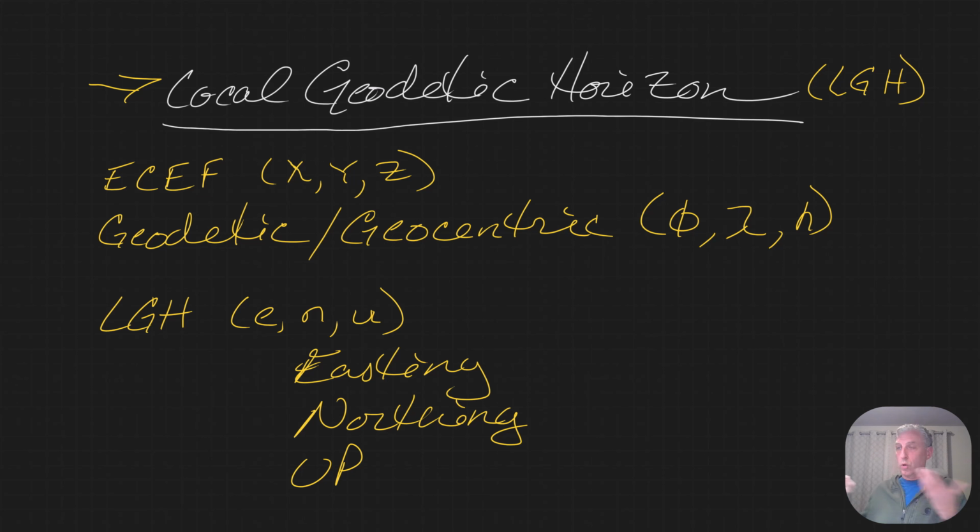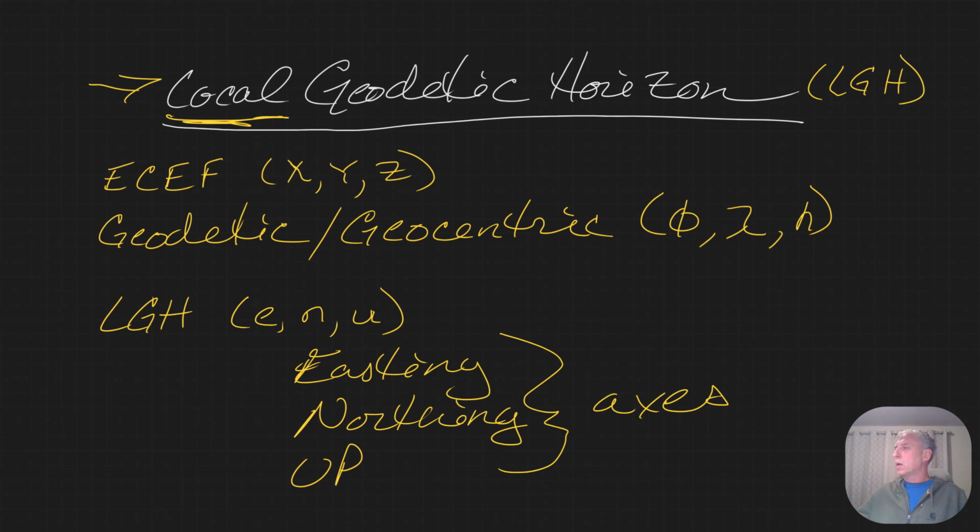And those are the coordinates of our local geodetic horizon system. So it's called local geodetic horizon because it's a local system. We use it for a small region. And in the local geodetic horizon system, these are the axes.